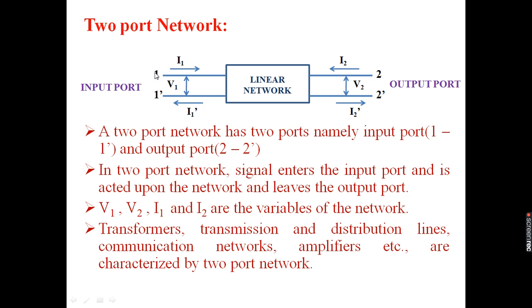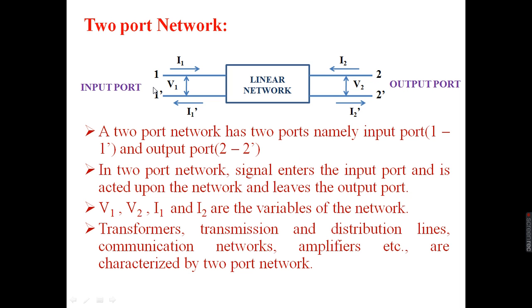If you take a two-port network, look at this diagram. You can see here we got 1 dash and 2 dash. This is one port and this is another port. So this network is called a two-port network. 1 dash is taken as the input port, and 2 dash is the output port.